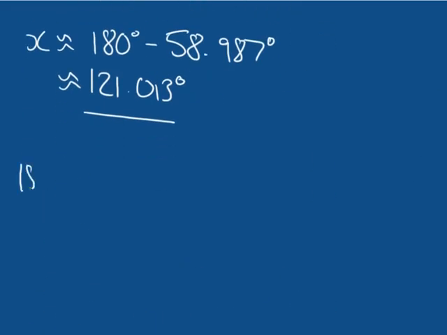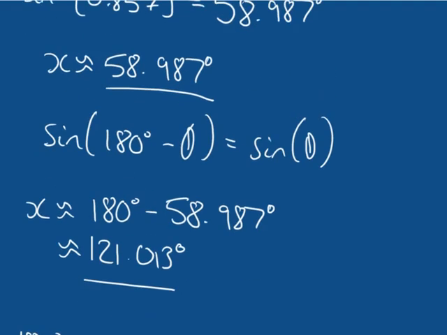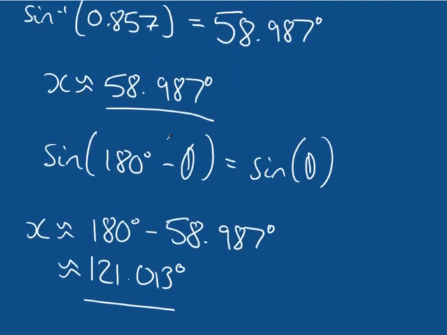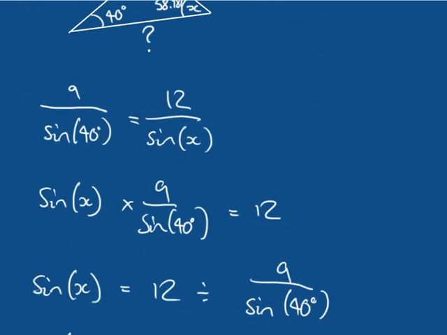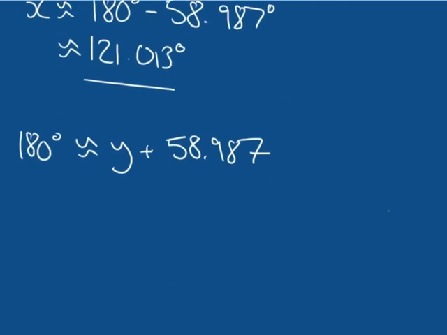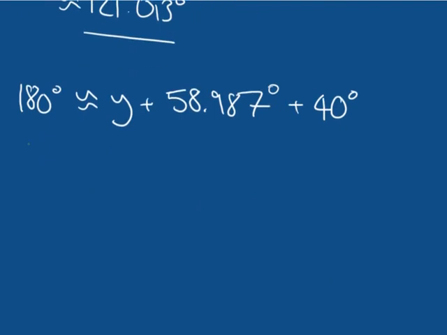So 180 is approximately equal to, since x is an approximate value, y plus 58.987, that was the value of x that we had up here, plus our other angle that we already knew, which is 40 degrees. So y plus 58.987 plus 40 degrees, which if we rearrange for y, tells us y is approximately equal to 180 minus 58.987 minus 40.